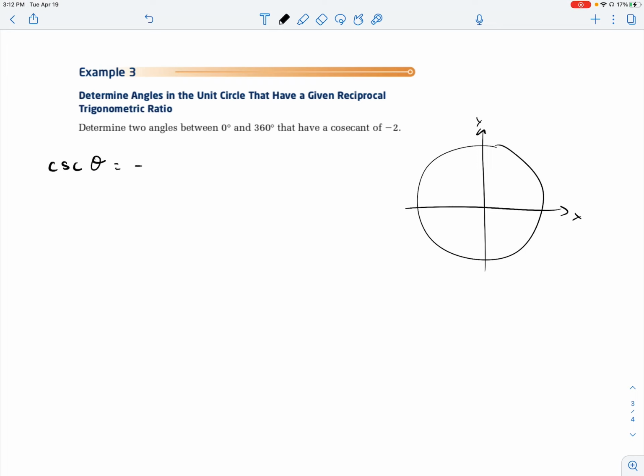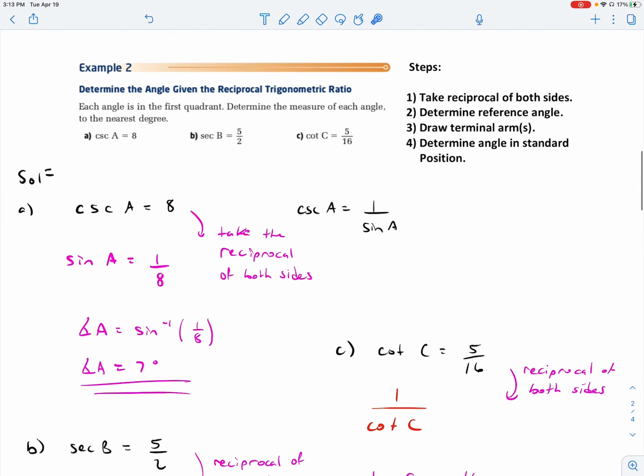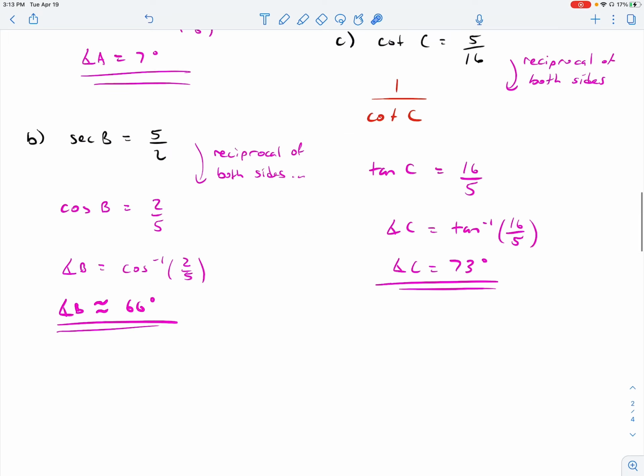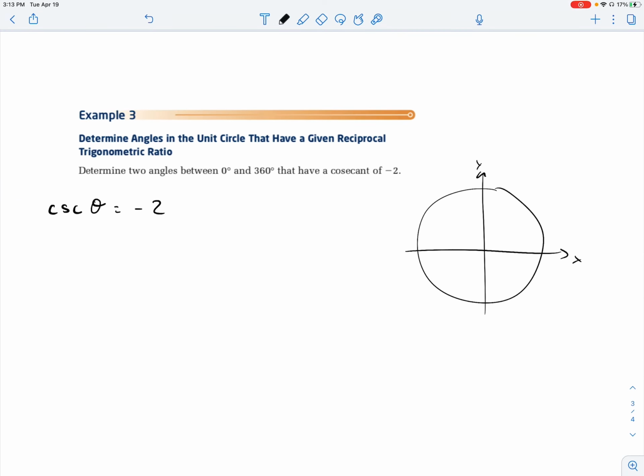It has a cosecant of -2. I don't really know what to think of this because it's a reciprocal trig ratio. So, just like in the last example, I like to take the reciprocal of both sides to rewrite it.